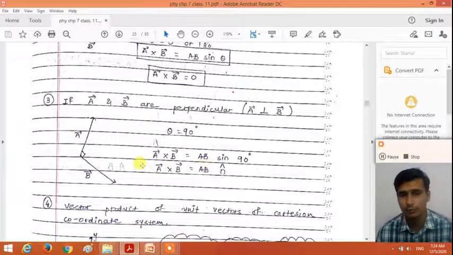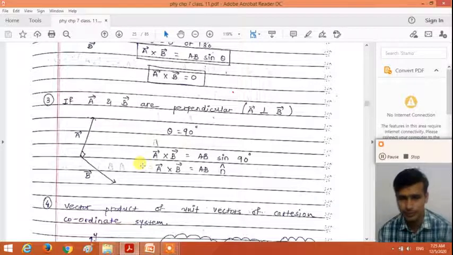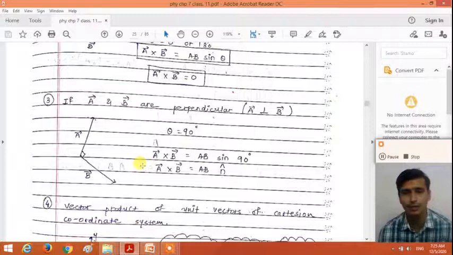So if one vector is in the x direction and one vector is in the y direction, the angle between them is 90 degrees, right? So in this case the vector product is the product of the magnitudes of both vectors, and it is in the direction perpendicular to both, that is in the direction of z.